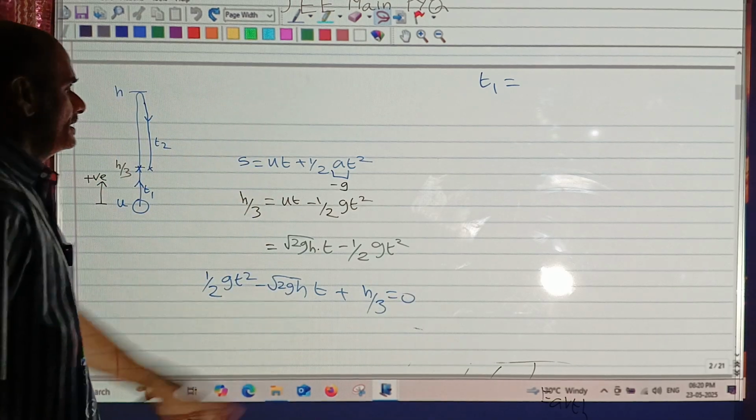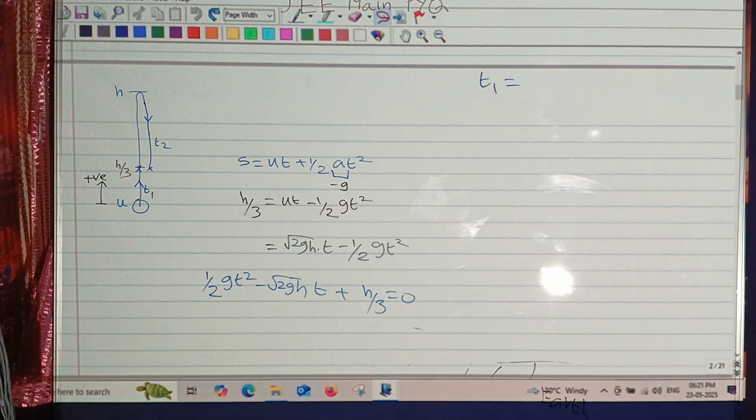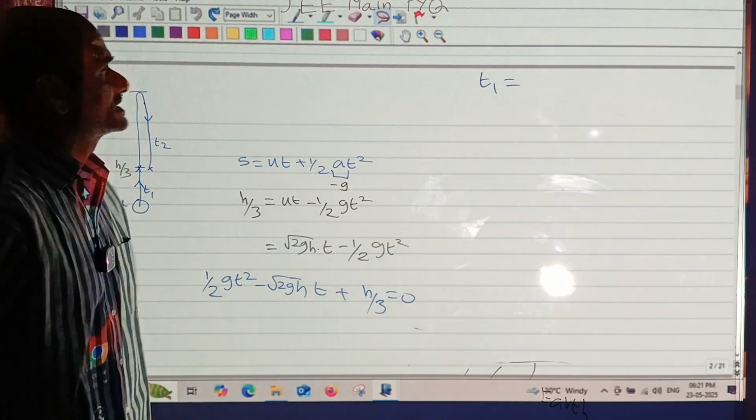So this is a quadratic in t; b is minus square root of 2gh, a is g by 2, c is h by 3.